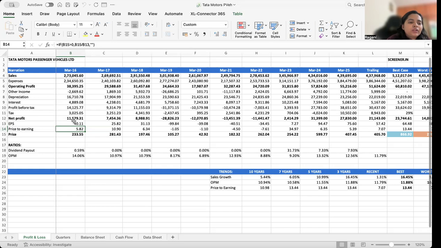Price then divided by earnings per share. Then I calculated price to earnings ratios. In every year's calculations, I use the same formula for this.